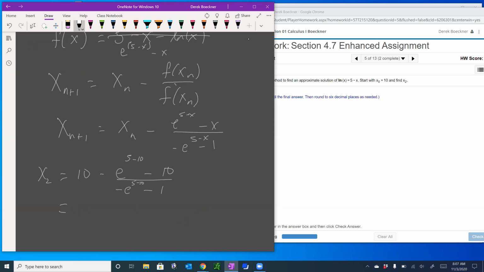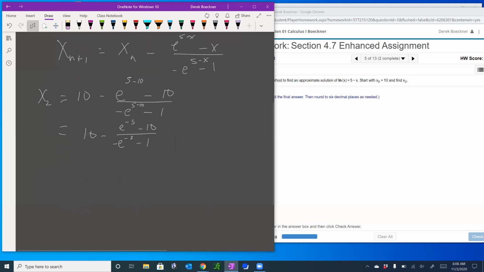So this is, round to 6 decimal places. Okay. So there's our first one. So let's approximate this to quite a few decimal places.